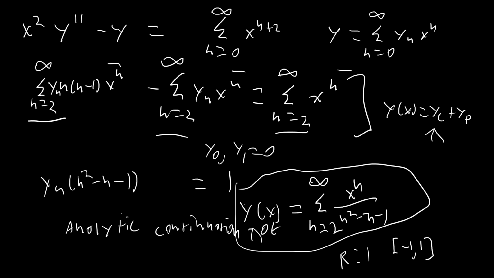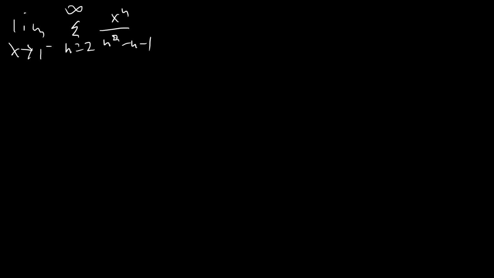However, the question that we were originally asked was the limit as x goes to 1 minus of y of x. So we can use this definition since we are staying completely within this interval. In this situation, clearly this series will diverge for x greater than 1, and the series will converge at x equals 1 and x less than 1.